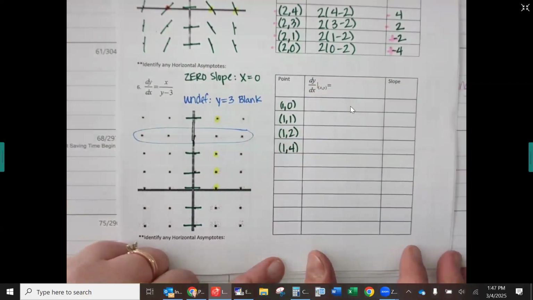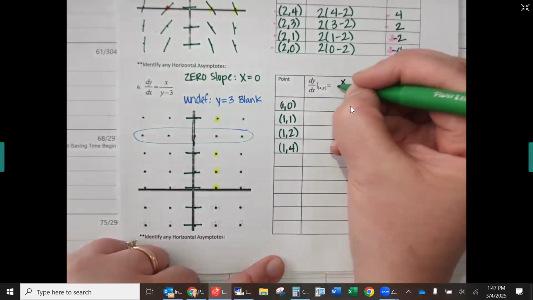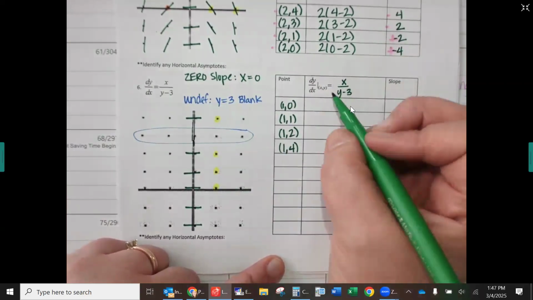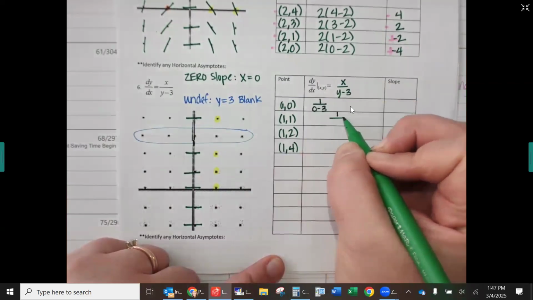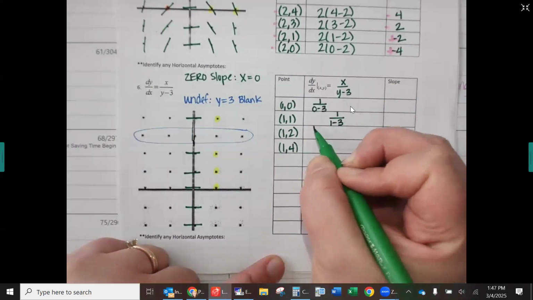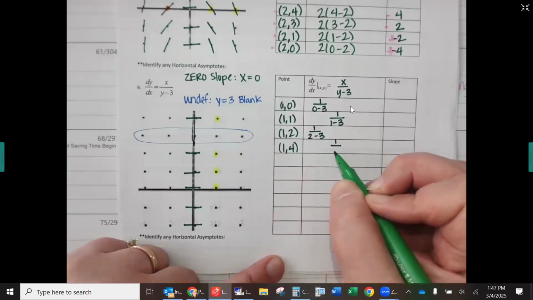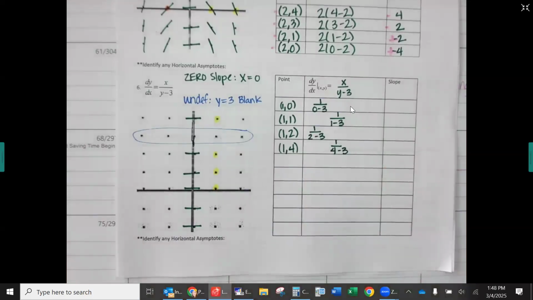The equation that I'm going to use to find my slopes is going to be x over y minus 3. So in this case, it'd be 1 over 0 minus 3, 1 over 1 minus 3, 1 over 2 minus 3, 1 over 4 minus 3. Okay, on the bottom here, what's 0 minus 3 for that top one?